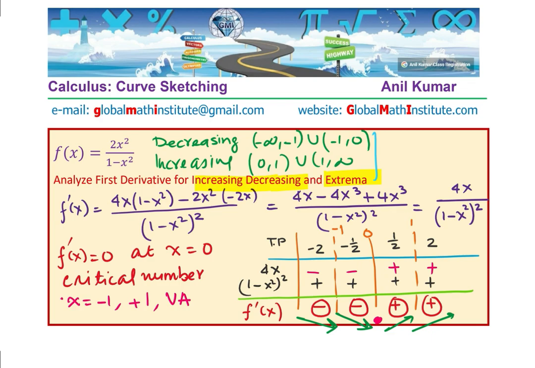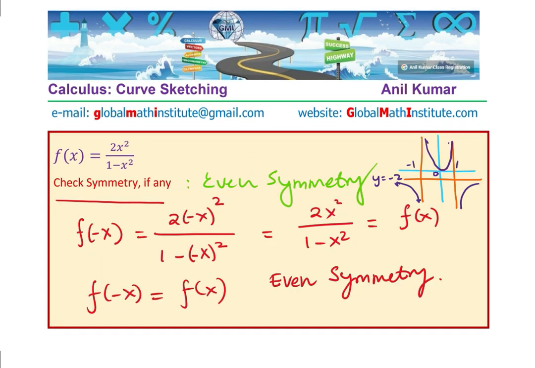At 0, the behavior changes from decreasing to increasing, and the value is 0, and that is our local minimum. Perfect. Now we can verify from the graph which we had drawn, we do have a local minimum at the origin, and the decreasing and increasing intervals are also matching.